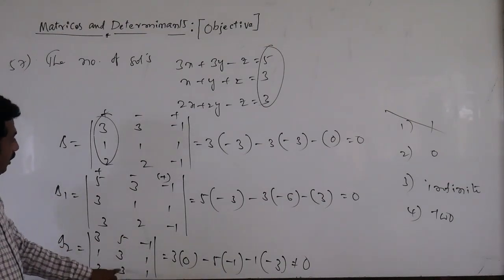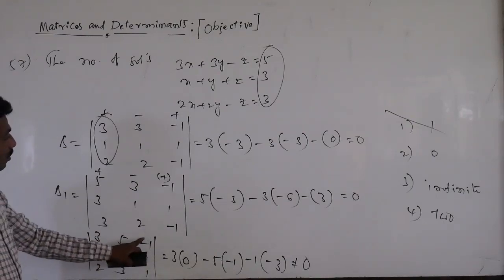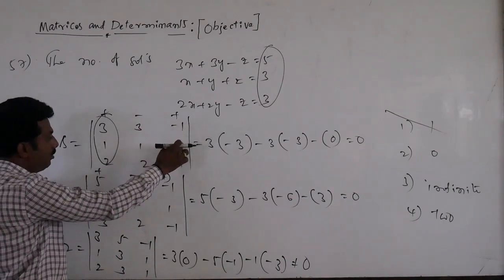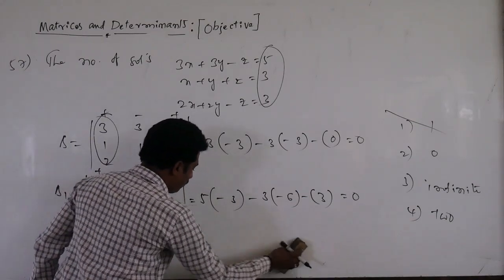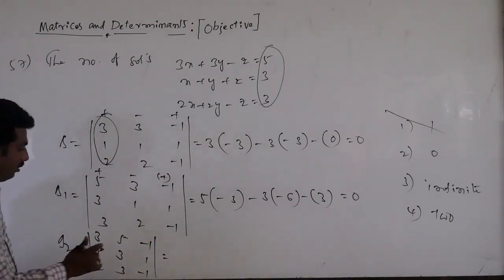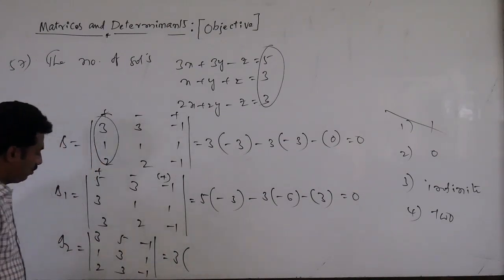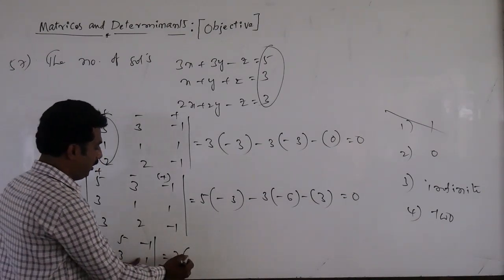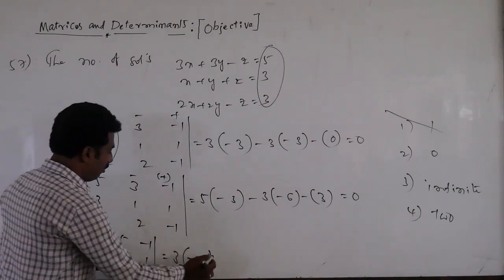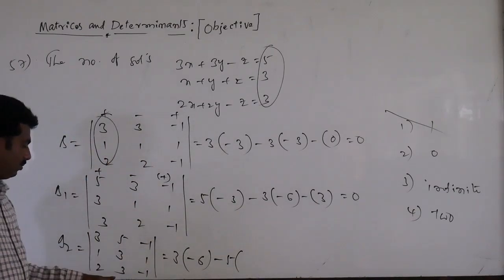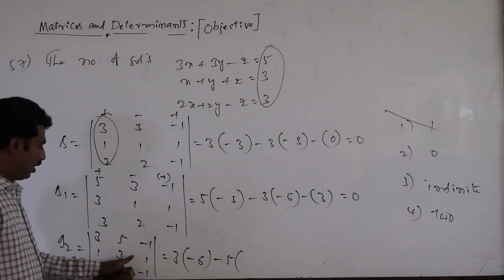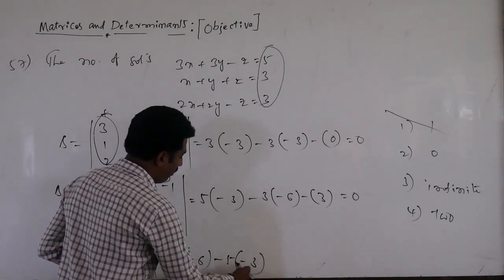So the matrix is 3, 5, minus 1; 1, 3, 1; 2, 3, minus 1. From this you observe 3 into minus 3, minus 3, minus 6, minus 5 into minus 1, minus 2, again minus 3.